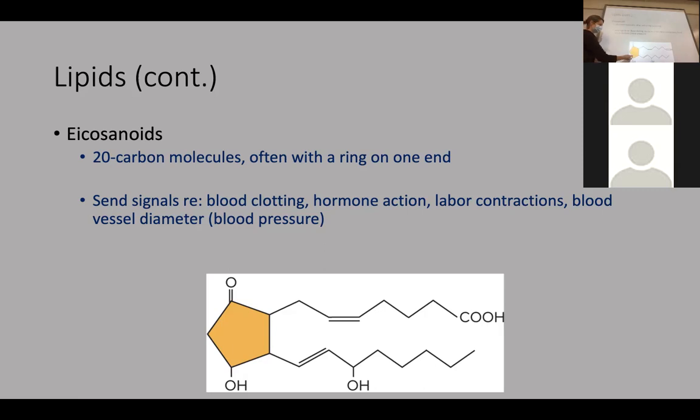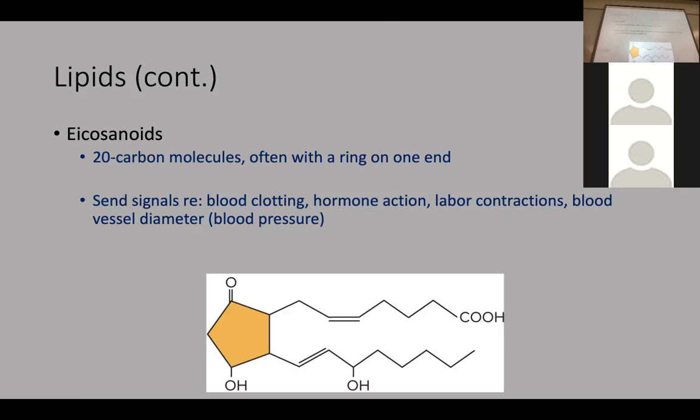So these, if you haven't had organic chemistry, this is how carbon rings are typically depicted. Each of these intersections here where 2 lines come together are a carbon. Same with this. Just because there's so many carbons in organic chemistry, they don't draw out all of the C's. All of those intersection points are carbons. Okay, so you have chains of carbons with a ring at one end. That's how you'll identify an eicosanoid.